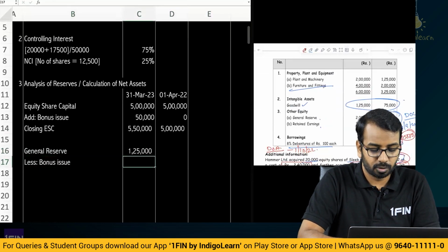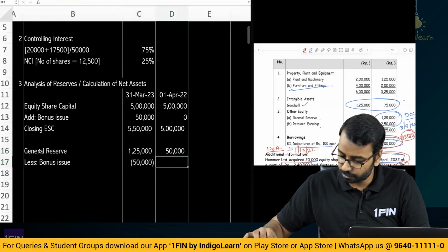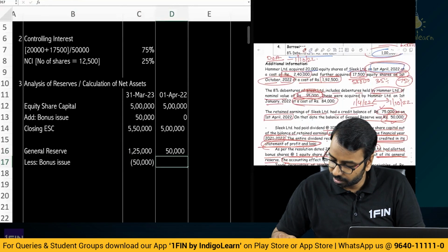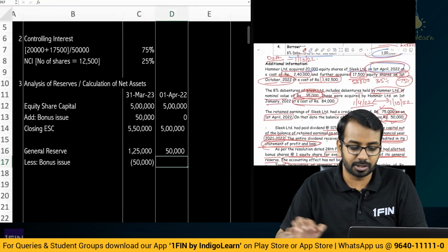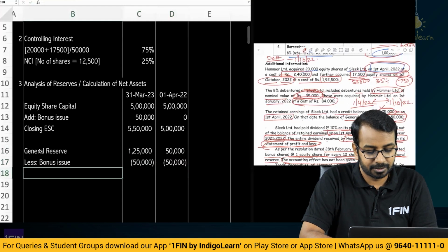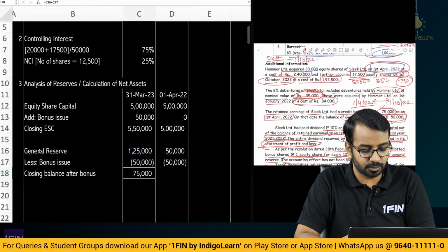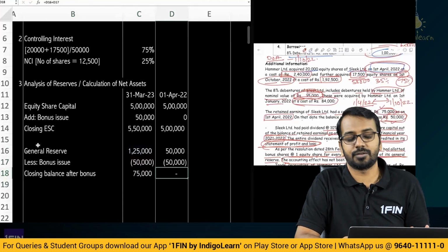How much is the bonus issue? 50,000. 1st of April we had some balance, 50,000 as given in the question. The general reserve had a balance of 50,000. So from here also 50,000 is gone. So basically closing balance after bonus is 1,25,000 minus 50,000, 75,000, and 0 on 1st of April.